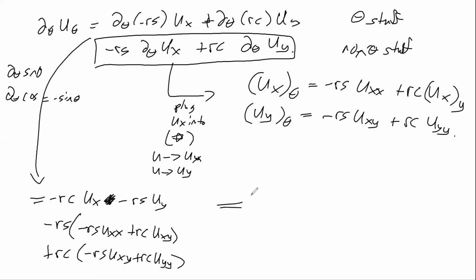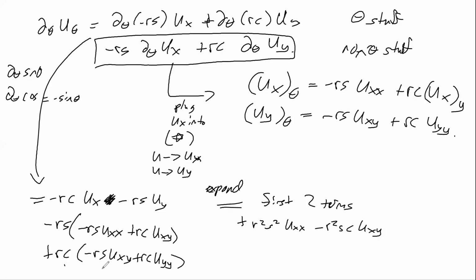So I think the last step, we just need to expand this thing. So the first terms are the same. So now we'll have plus, looks like this is plus r squared s squared uxx, minus r squared sc uxy, and then we'll have minus r squared cs uxy.